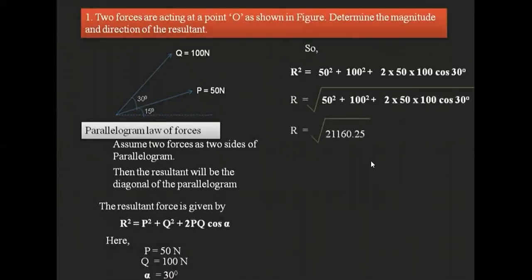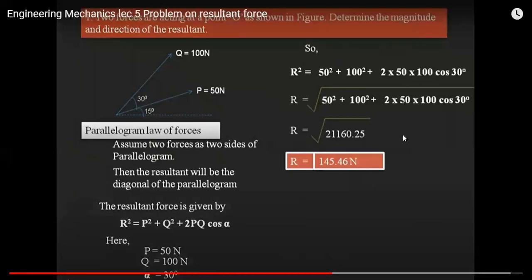By simplifying these values, R equals the square root of 50 squared plus 100 squared plus 2 into 50 into 100 into cos 30 degrees. By simplification we get R equal to the square root of 21,160.25, and by taking the square root of this value we get R equal to 145.46 newtons. That is the resultant force of the two forces P and Q, which will produce the same effect as the two forces P and Q acting at a point O on a particular body.